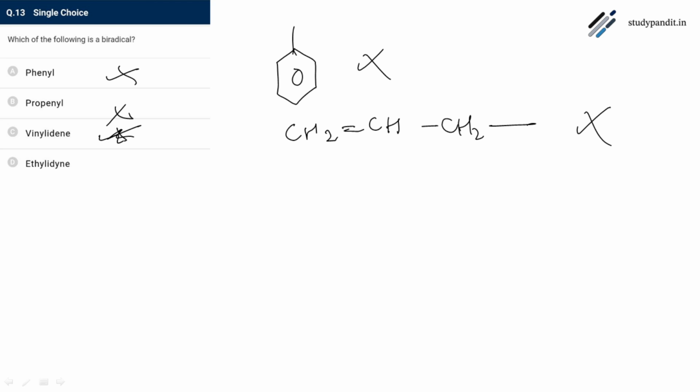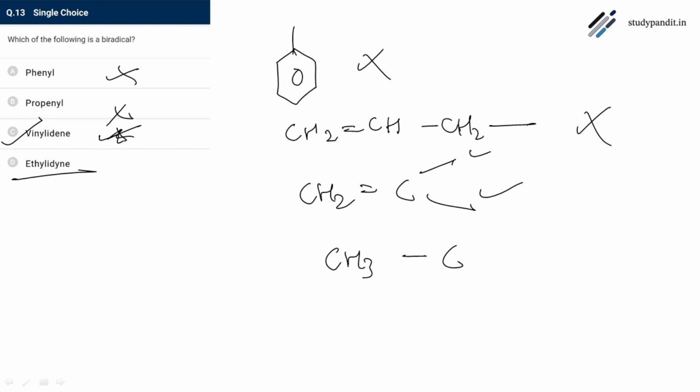Vinylidene, CH2=C. So this is biradical. Now we will see this structure also. This is ethylidene, CH3CH. This has 3, so this is also not biradical. Biradical is something which has 2 free radicals. So the answer is vinylidene, C.